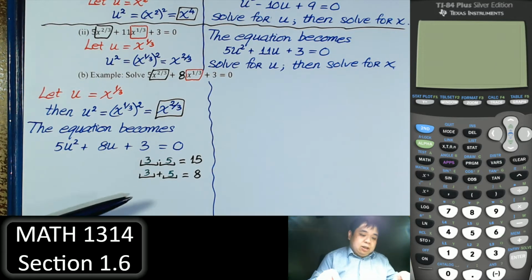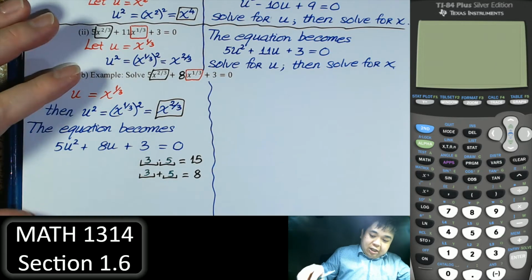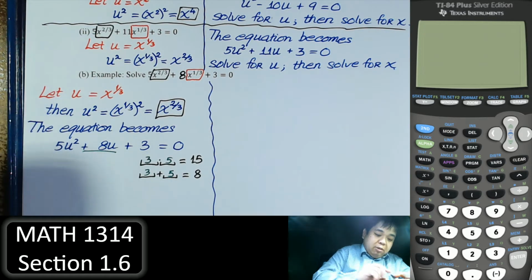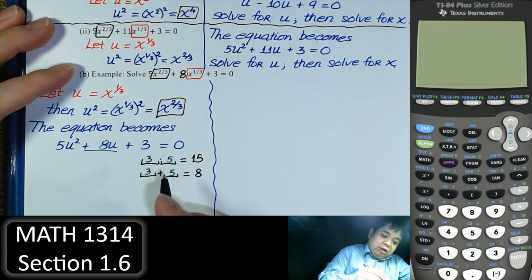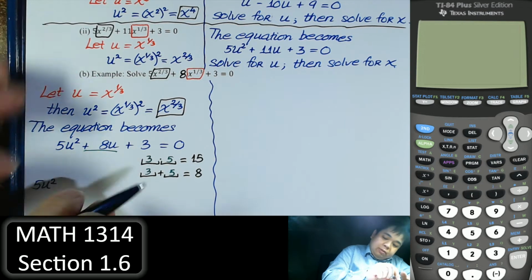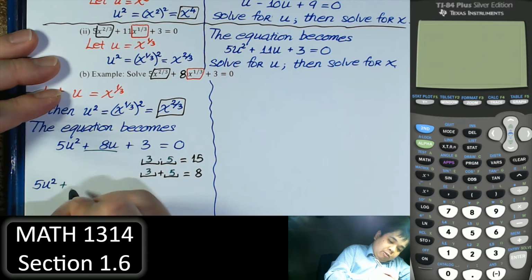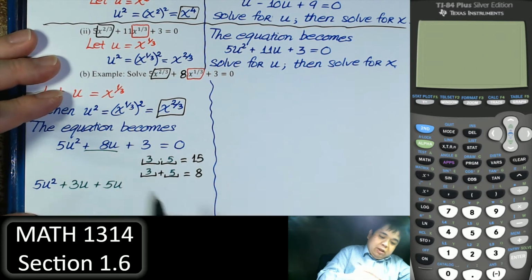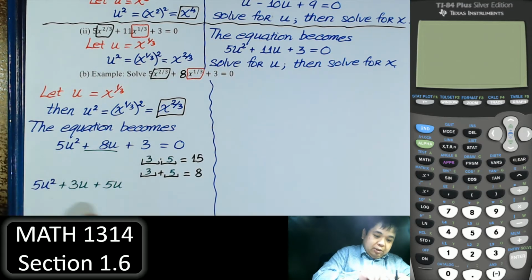Now split the 8u, the middle term, into 2 using 3 and 5: plus 3u plus 5u.